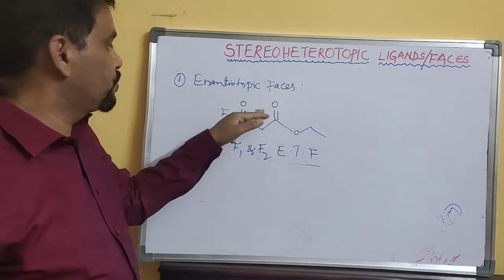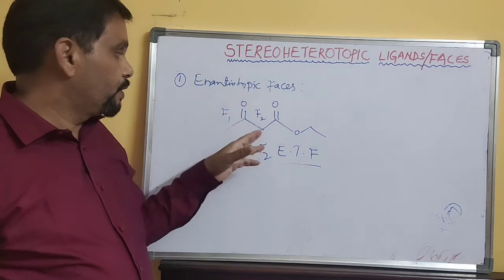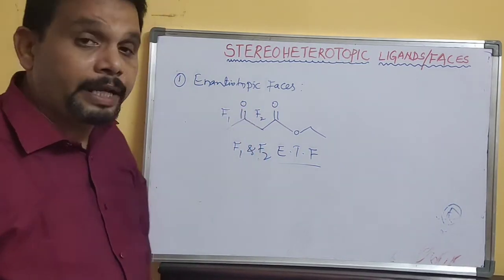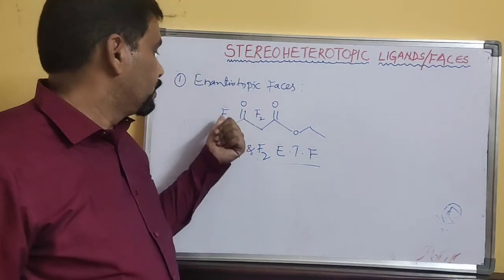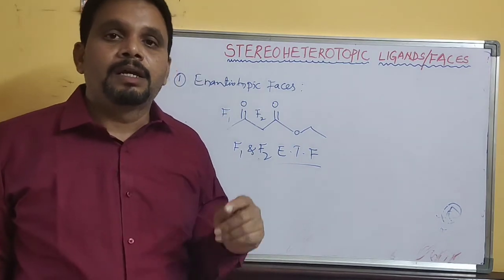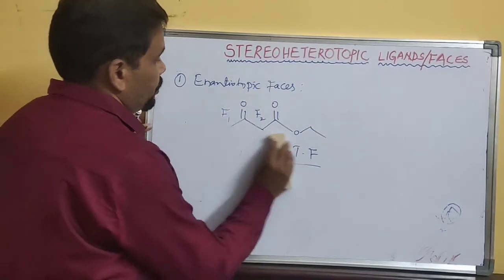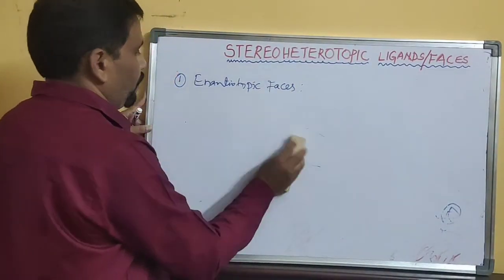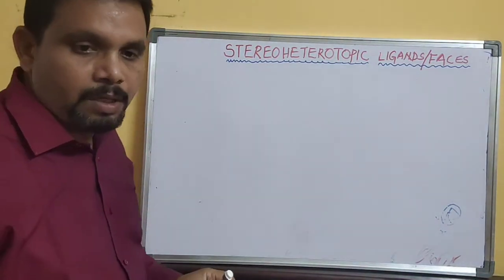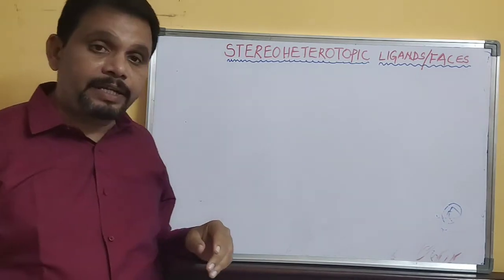If it comes this way, that will produce another isomer. So F1 and F2 can produce enantiomers, and they are enantiotopic faces. I hope you understand about enantiotopic ligands and faces.